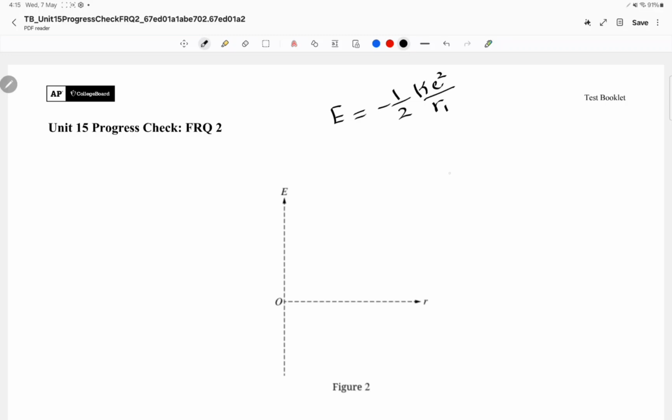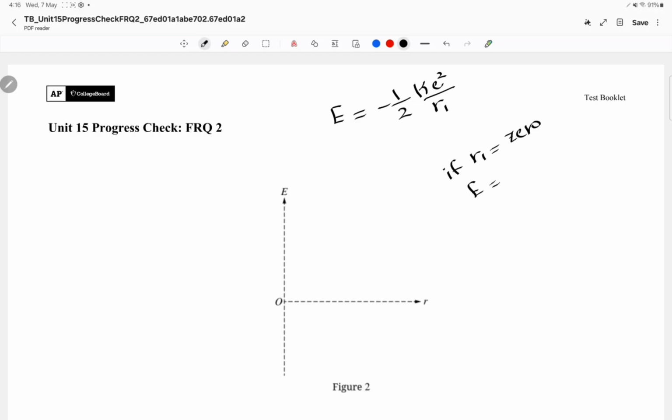Okay, now, tell me, if the r1 is 0, how much will the energy be? You're dividing by 0, right? So what do you get? You're taking calculus, so you better not say 0. You're dividing by 0, so what do you get?